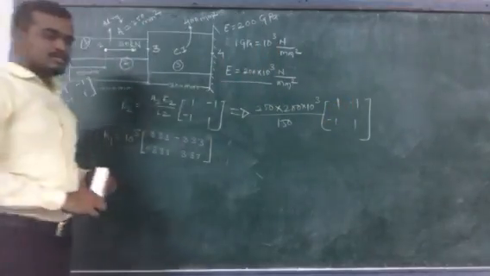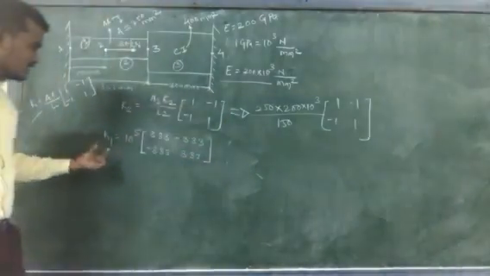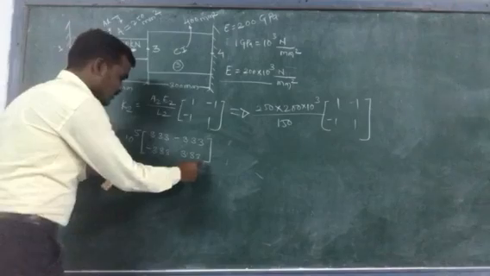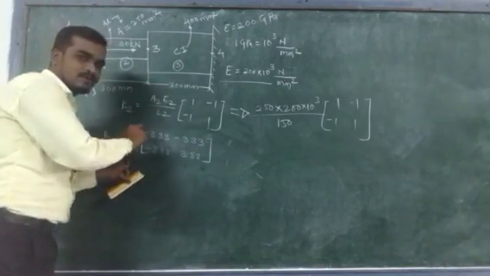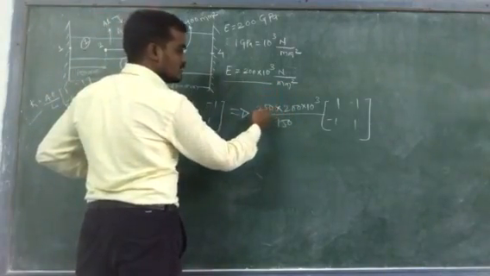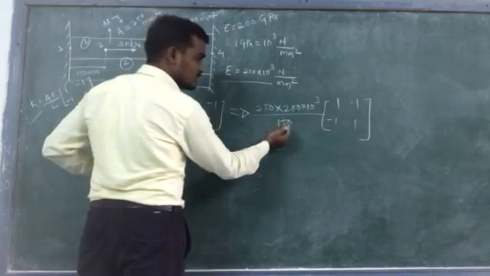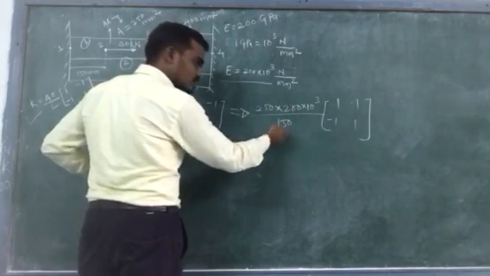This is the same value as we have calculated for element 1. This matrix is for element 1 as well as element 2, because your area is same, E is same, as well as your length is same.